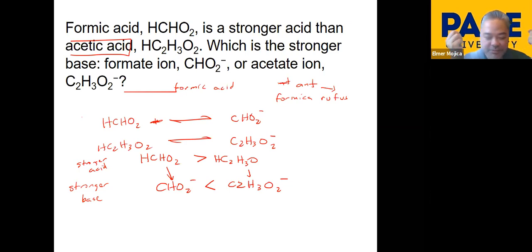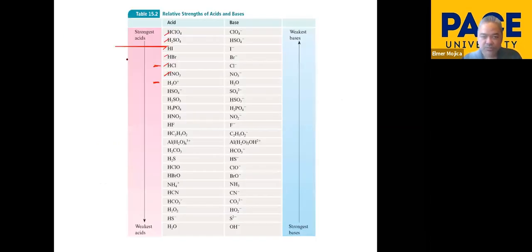Do you get that concept? That if you are strong on one side, your conjugate base will be weaker on the other side. Or if you are weak as an acid on the reactant side, your conjugate base will be stronger on the other side. Now, you ask yourself, how do we know why this one is stronger than this one?